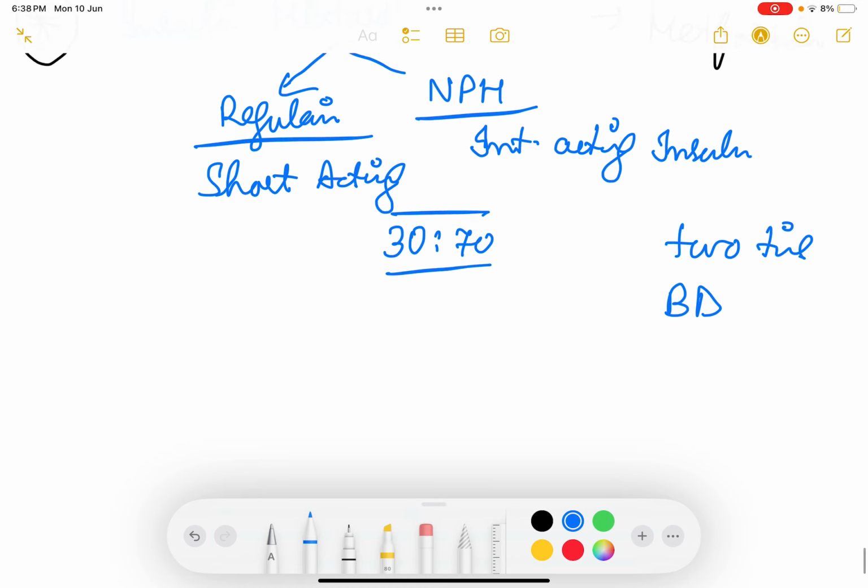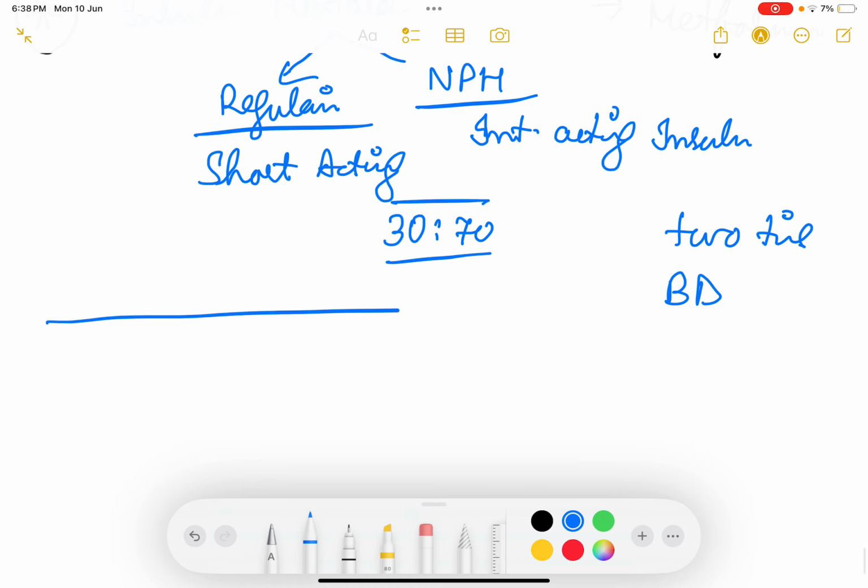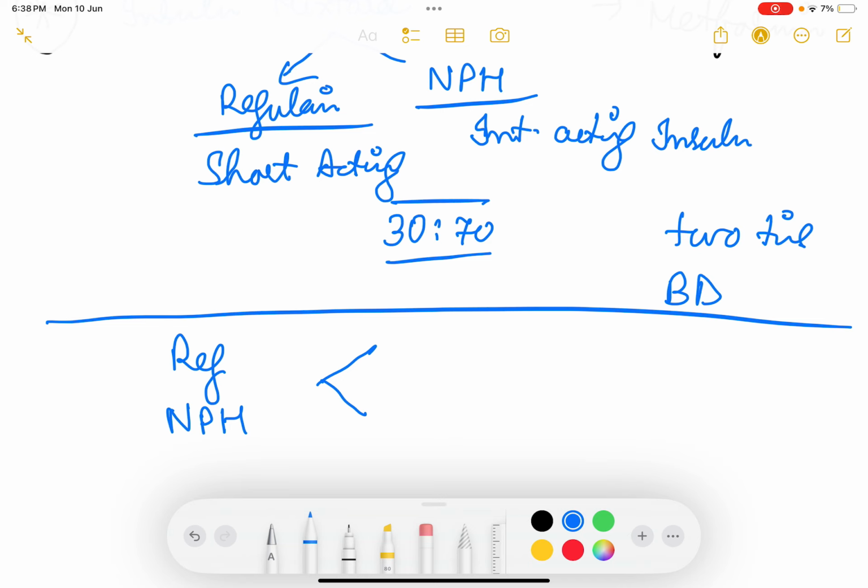Okay, one more method which used to be used earlier, nowadays it is not in use, is that we can start regular insulin and NPH separately. How do we start separately? We divide the dose into 2/3 and 1/3. 2/3 is given before breakfast, and 1/3 dose is given at night time.